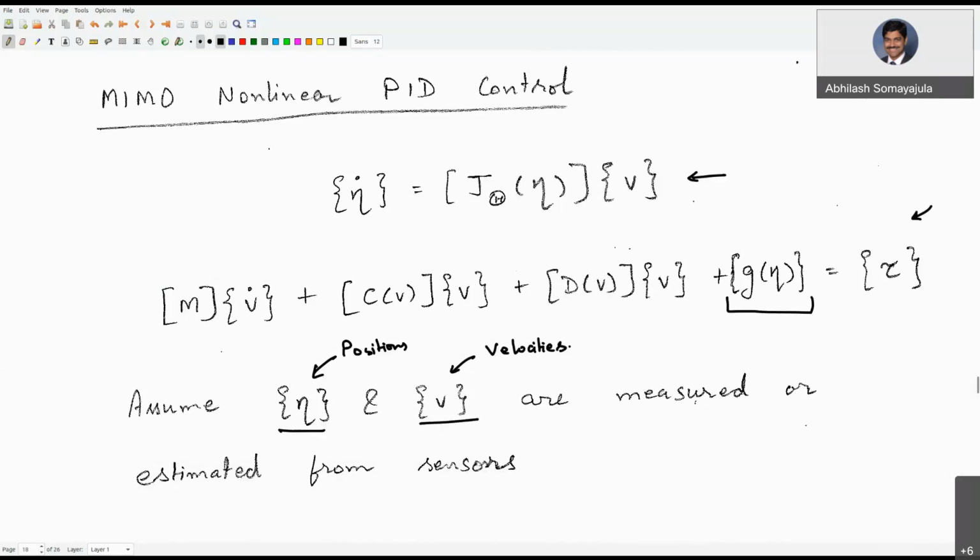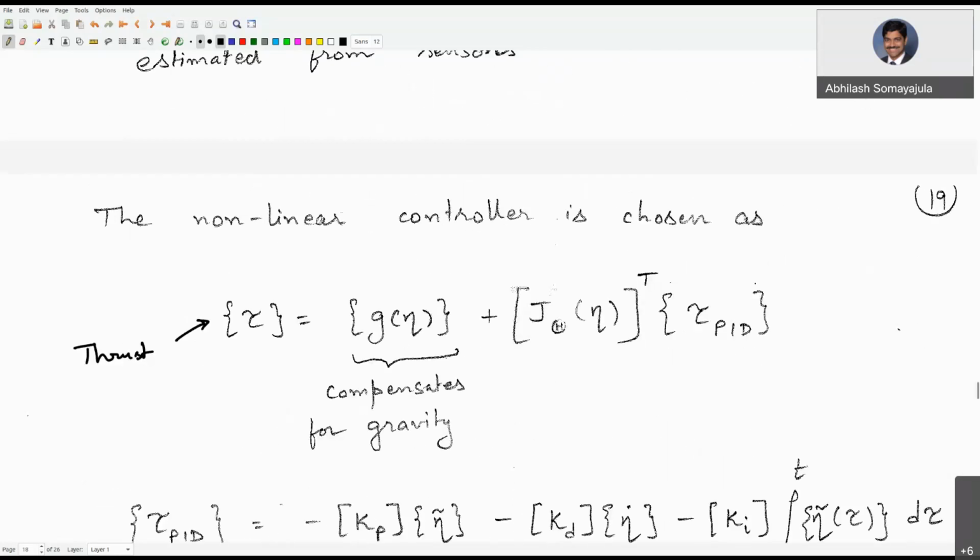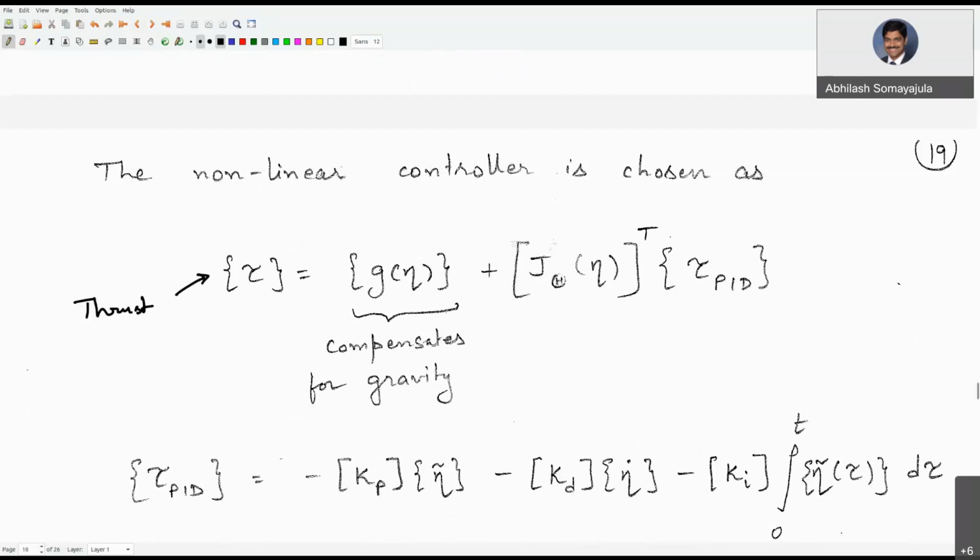Because we know that there is no stiffness term in the surface crafts, especially in the surge, sway and yaw modes, this term will not be present when we are looking at a 3 degree of freedom model for our surface craft. But it will be important when we are looking at underwater vehicles, or if we were looking at 6 degree of freedom control, we would see those effects come into picture.